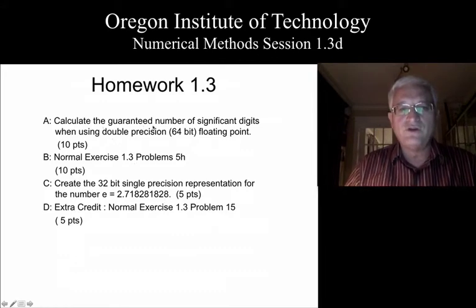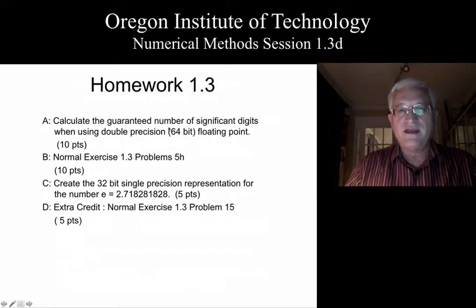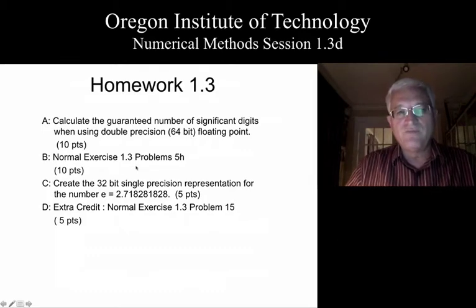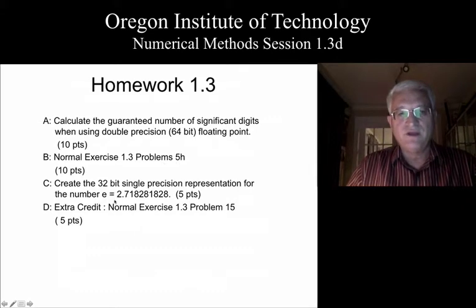First thing I want you to do is rethink that whole 64-bit world using the 32-bit as a model and find out how many significant digits you're guaranteed to get using double precision real. Go to your book in normal exercise 1.3 and look at problem 5H.